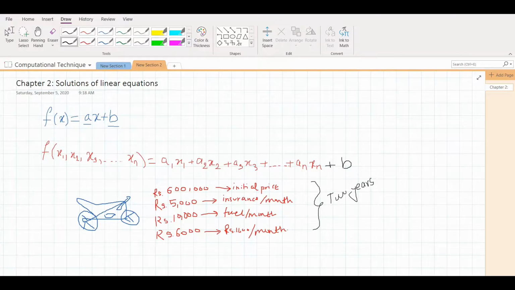Now if you look into the variables, this will be a constant that you paid initially, which will be the y-intercept, and then these terms will have a single variable t, which is time in months.